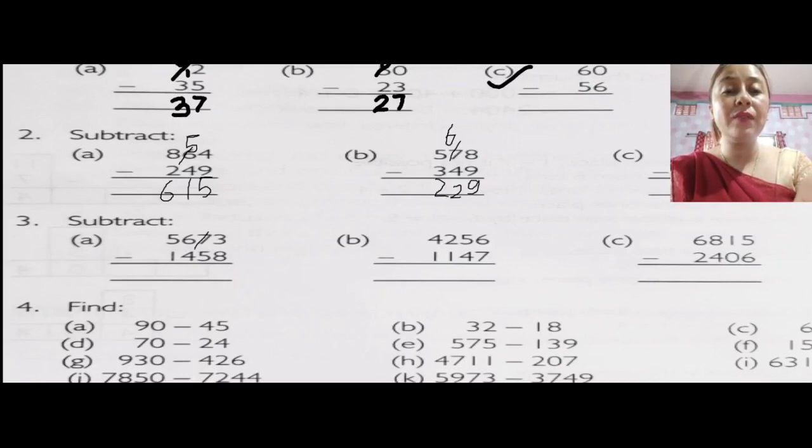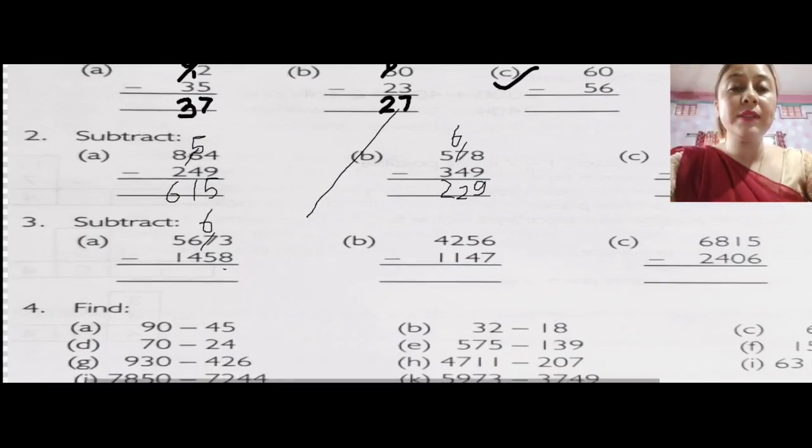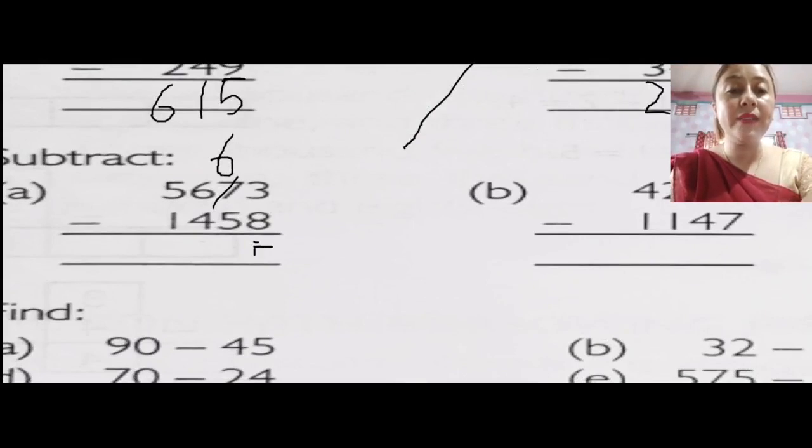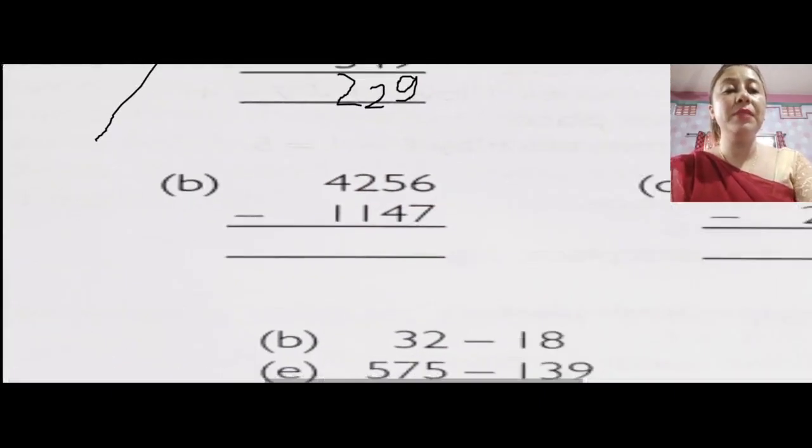So this 7 will be 6 here. 13 minus 8 is 5. 6 minus 5 is 1. 6 minus 4 is 2 and 5 minus 1 is 4. So the answer I got is 4215.